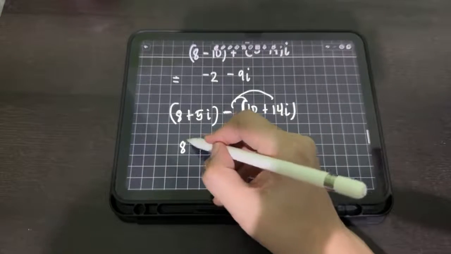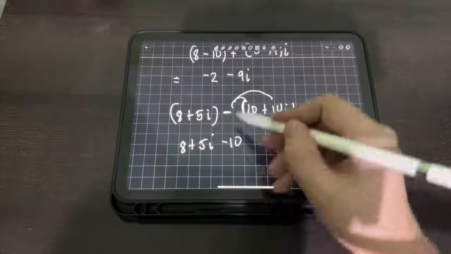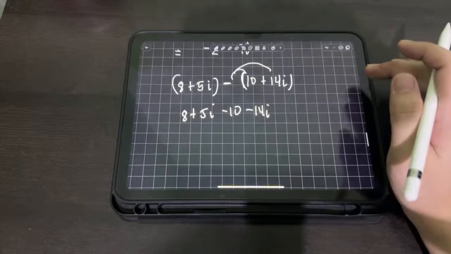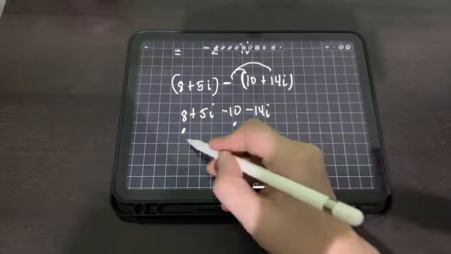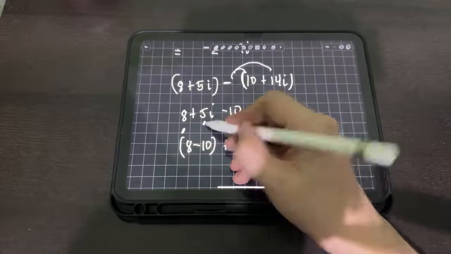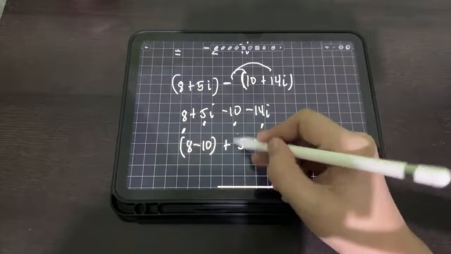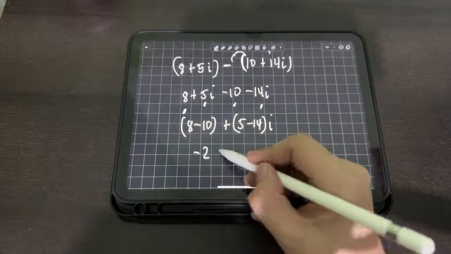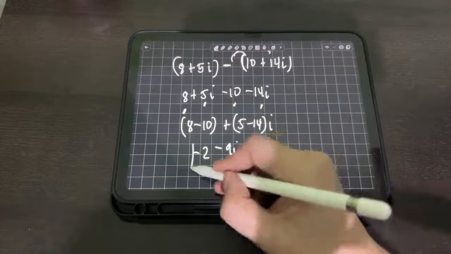So you can have 8 plus 5i, and then we have -10 minus 14i. And then proceed to combining similar terms. So you can combine the real part, 8 minus 10, plus the imaginary part, 5 minus 14i. Okay? So same answer, 8 minus 10, -2. And then 5 minus 14, -9i.